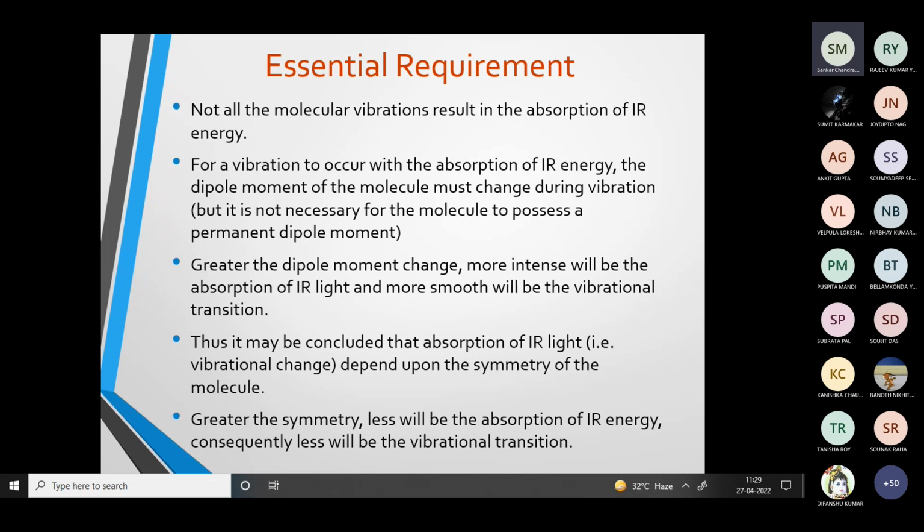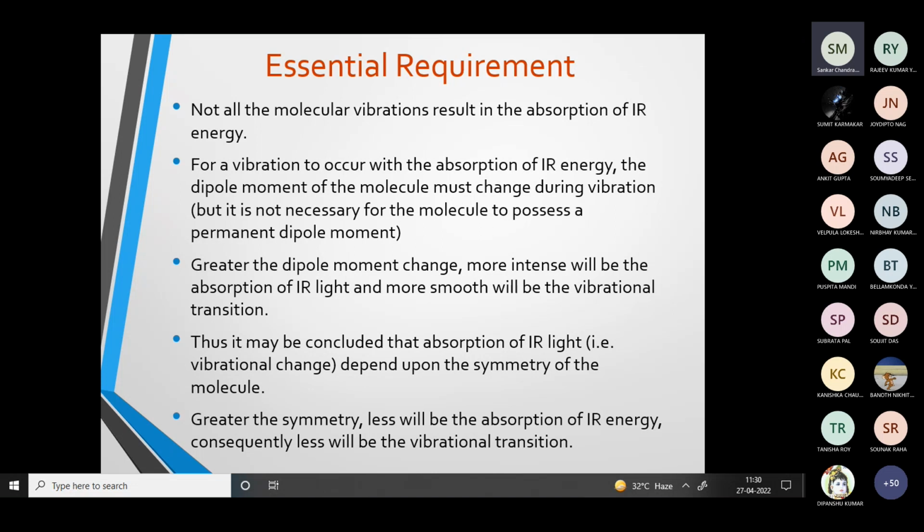Carbon dioxide, due to its asymmetric stretching, becomes IR active. So when we measure the IR spectrum, we always get a peak for carbon dioxide. When we put the sample into the instrument, we exhale carbon dioxide, and that is sensed by the instrument.